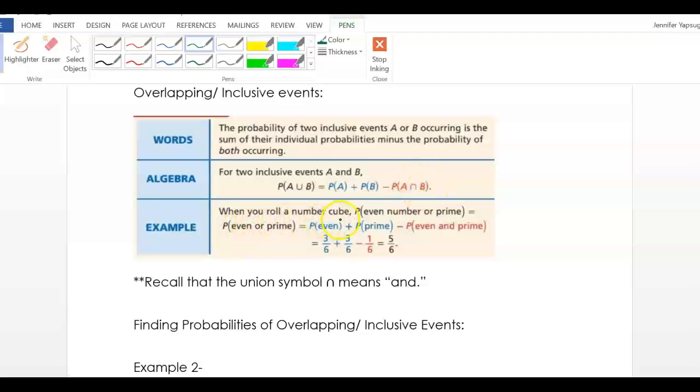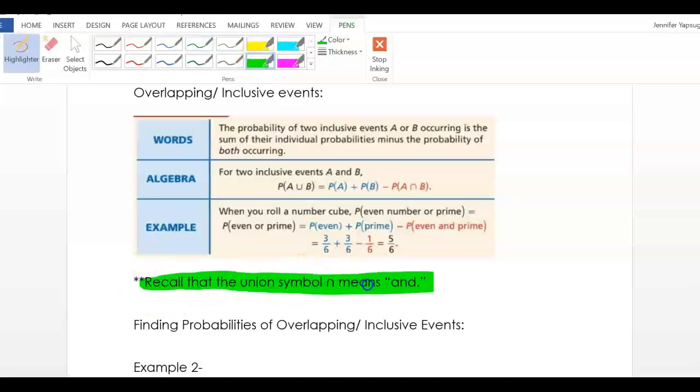So when you roll a number cube, if you're looking for even or prime, the probability of an even would be 3/6. The probability of prime would be 3/6. And then you would subtract when you have an overlap, so an even and a prime, which would be that 2. So you end up with an answer of 5/6. And again, recall that the union symbol with an upside down U means and. So both of those have to happen.